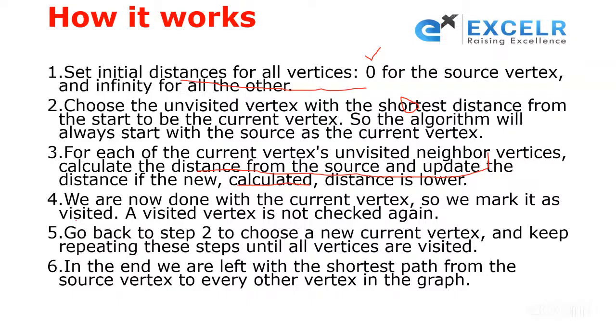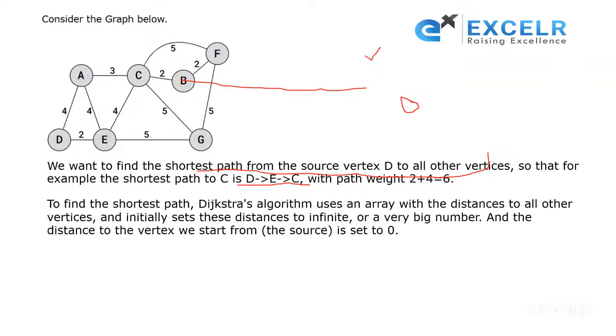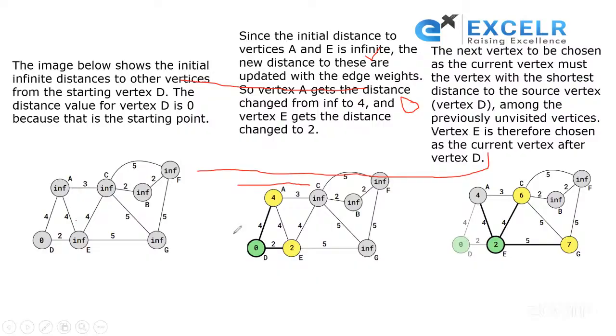Now, what do we have to do in the second step? Like suppose I go to the next page, here it is. For the first step, I have to select 0 for the starting vertex, meaning the single source, and for the other vertices I am selecting infinity.